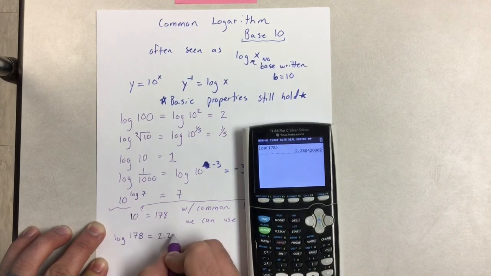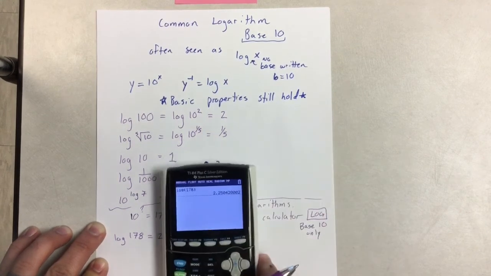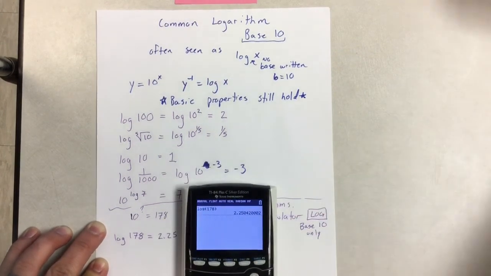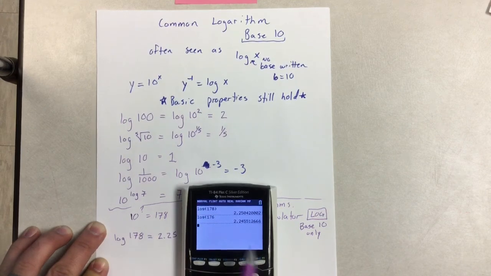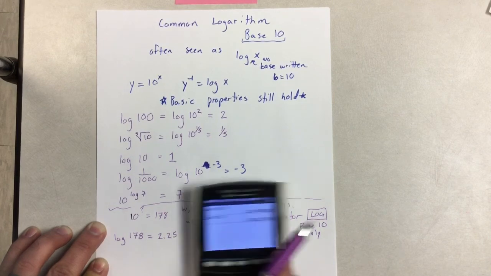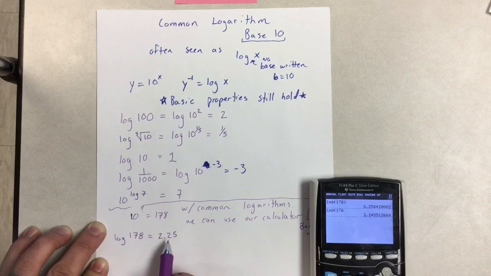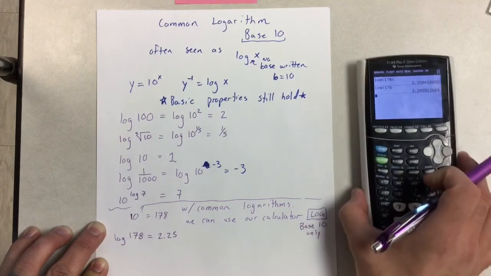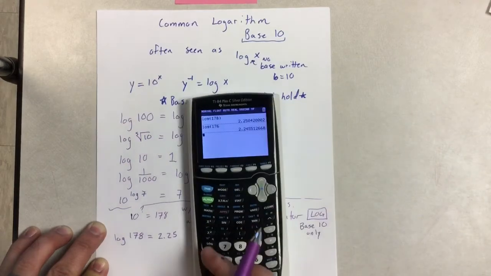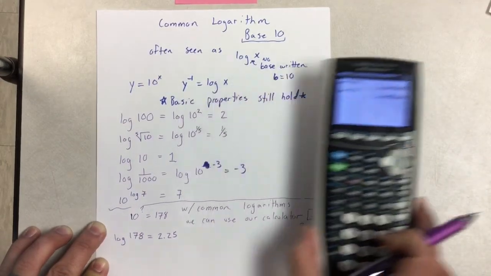I'm realizing I'm not quite sure how I got my other value. Earlier, oh, I know what it was. Earlier it was 176. So log base 10 of 176. There we go. Yep, that was the value I said earlier in the video. But 10 raised to the power of 2.25 gives us 178. So it just matters using log on our calculator.